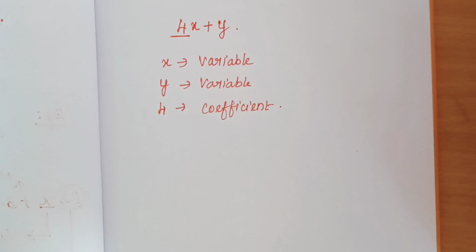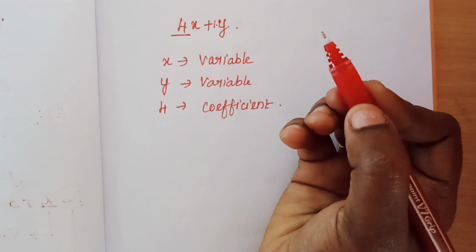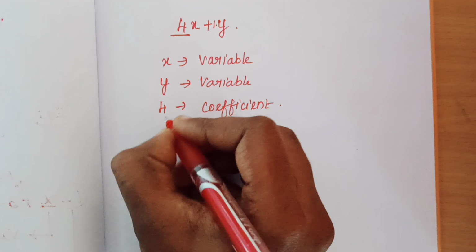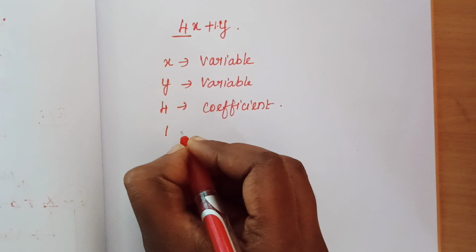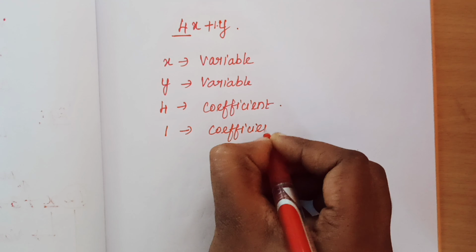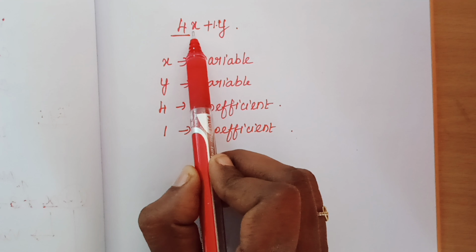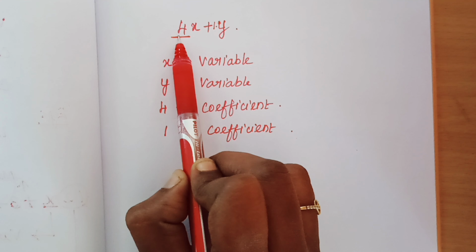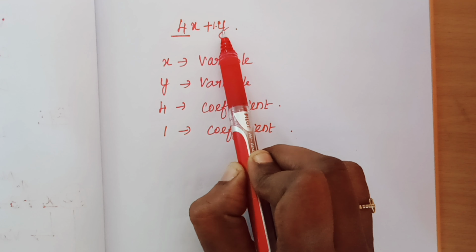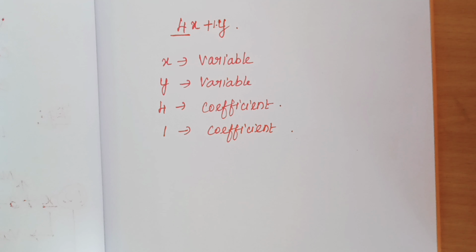So y doesn't have any coefficient written. Whenever you don't have a number, we consider it to be 1. So the coefficient of y is 1. Now, what is the coefficient of x? x is a variable and 4 is the coefficient. y is a variable and 1 is the coefficient. Clear? You are all clear about variables and coefficients?